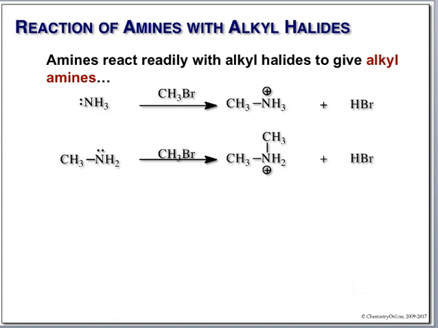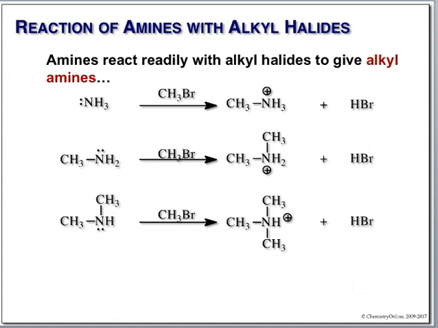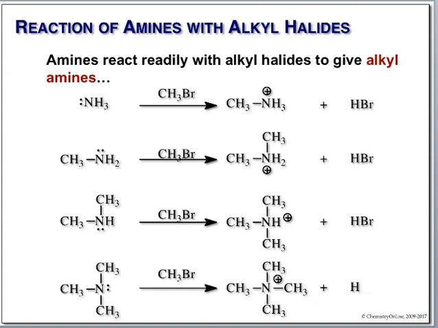Methylamine can react with another mole of bromomethane and give us the secondary amine. Now this guy can also lose a proton. When it does, it can form the tertiary amine. And finally, if this loses the proton, you can go all the way to the quaternary ammonium salt.